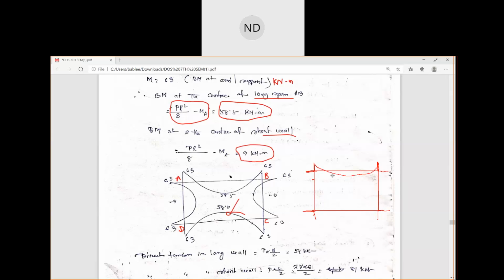So now you see here it is 63, here also.